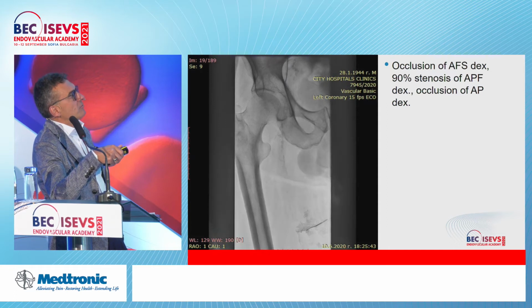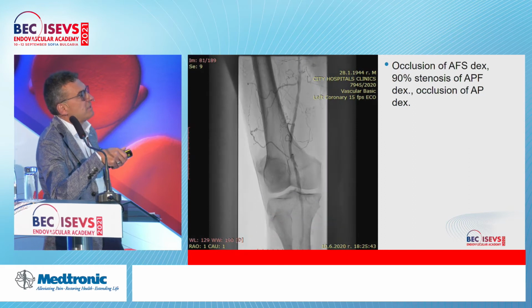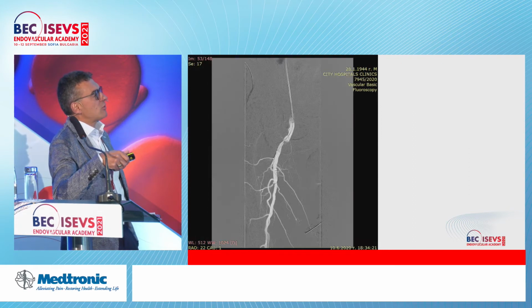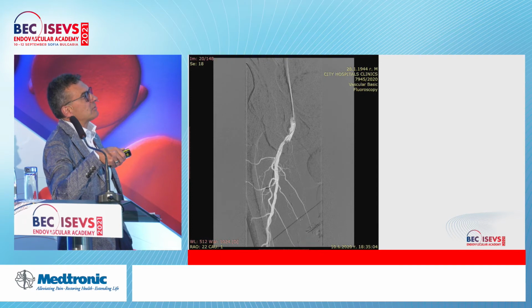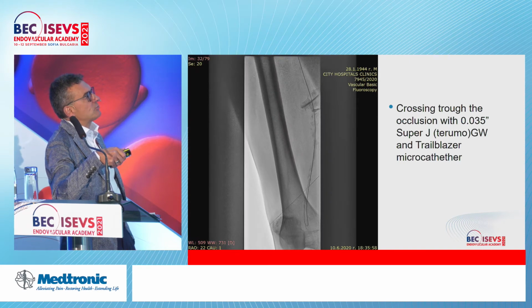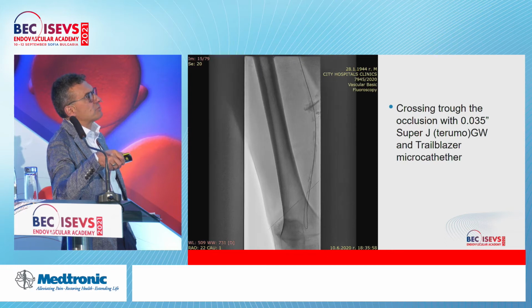And for this very calcific lesion, you see also the critical stenosis of the profunda. So it's a patient that we crossed, in fact, firstly the wire into the profunda, and we tried several times to cross also the proximal cap. Finally, we succeeded with the Super J, the Terumo wire, that we like very much.